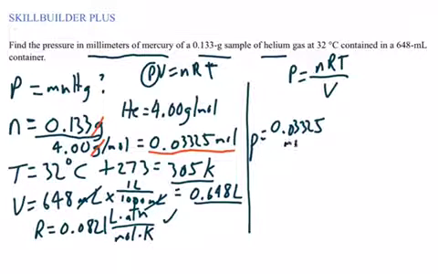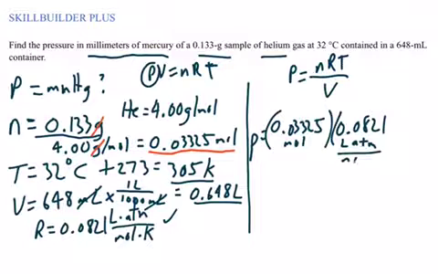Okay, now that's moles. And we're going to multiply that by R, which is 0.0821, and that's liter atmosphere over mole Kelvin. Okay, I'm putting the units on the bottom so it'll fit in the screen. And then you got your temperature, which is 305, and that's Kelvin.